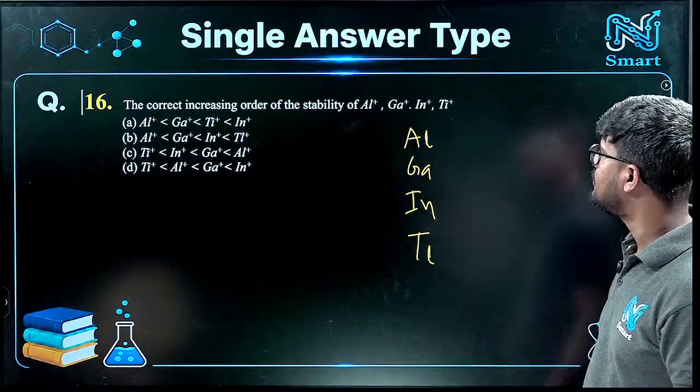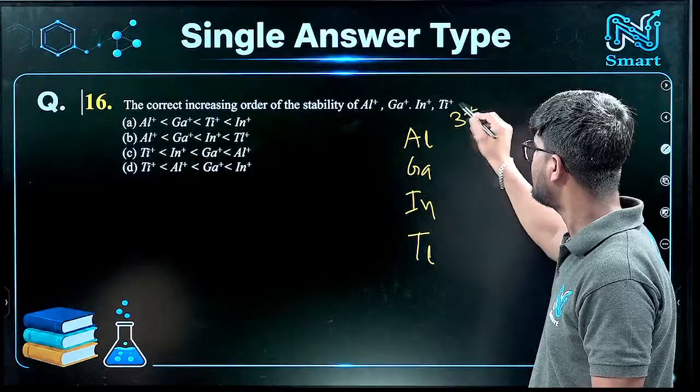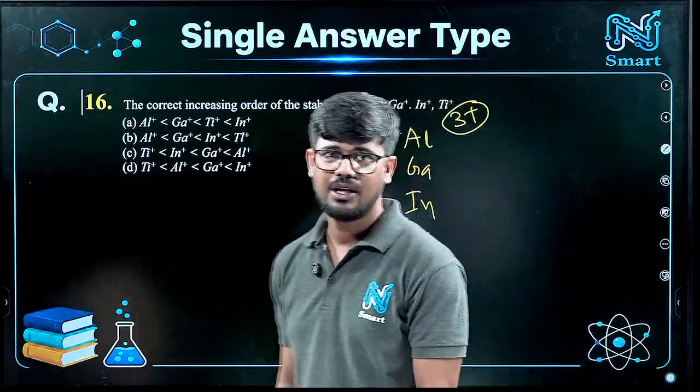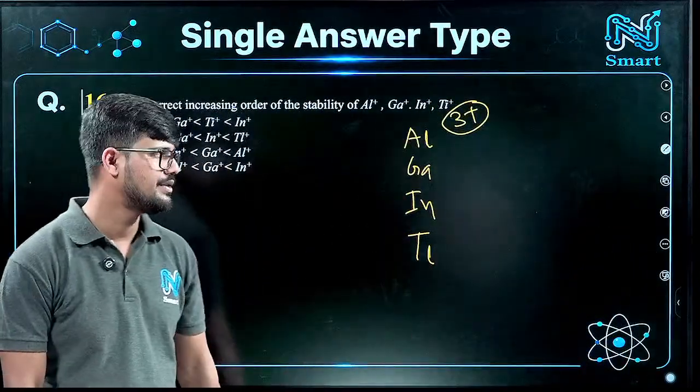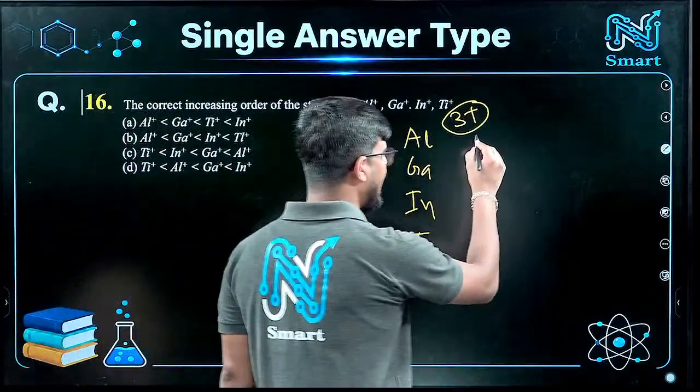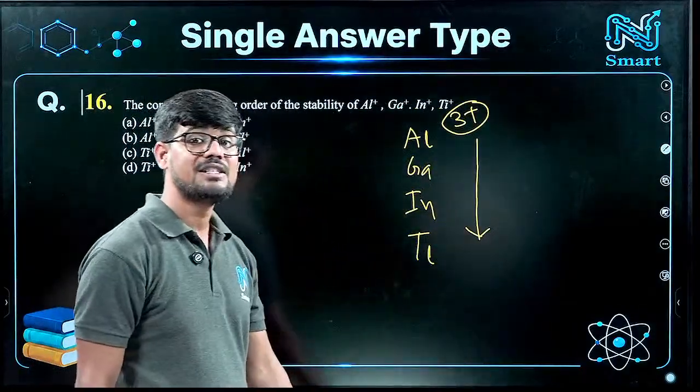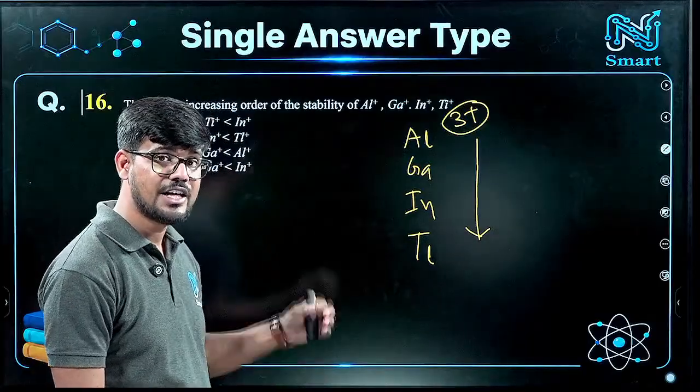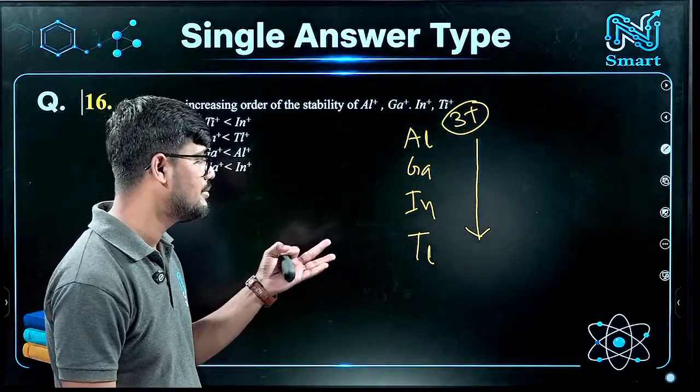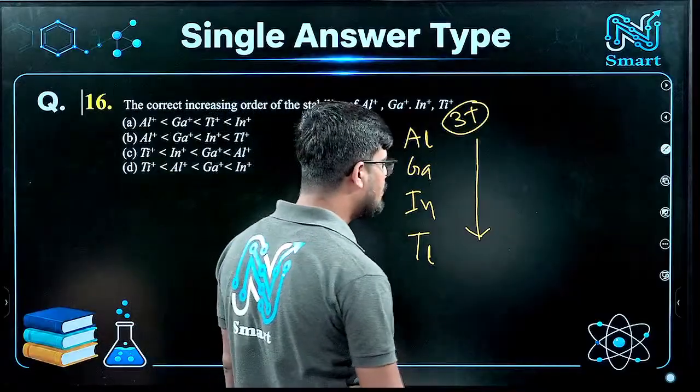Group 13 normally shows a +3 oxidation state. But if you go top to down, as I said, the inert pair effect will be there, due to d-decontraction and lanthanide contraction.